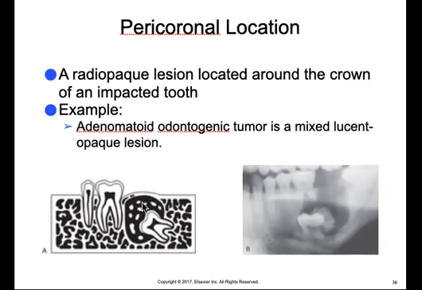It's mostly radiolucent with speckles of radiopacities inside. Here we can see what that looks like on this extraoral image. That's something really crazy; you probably won't see something like this every day. But that's what that would look like.